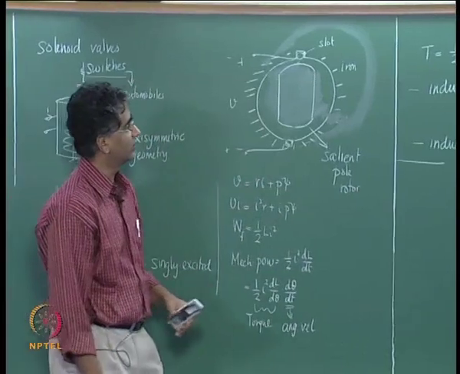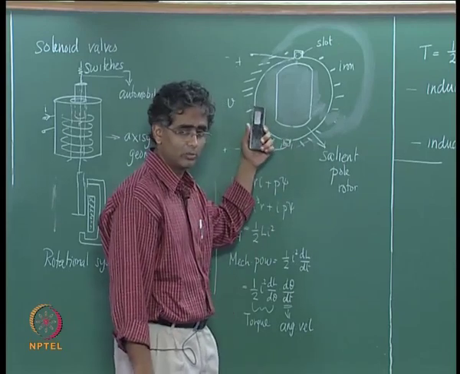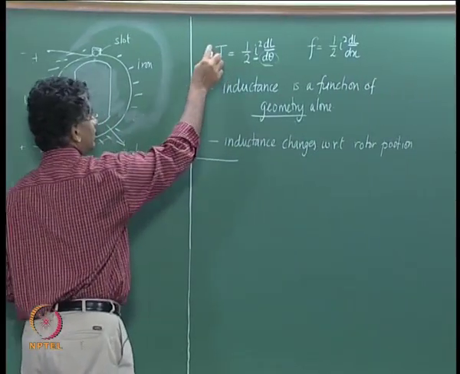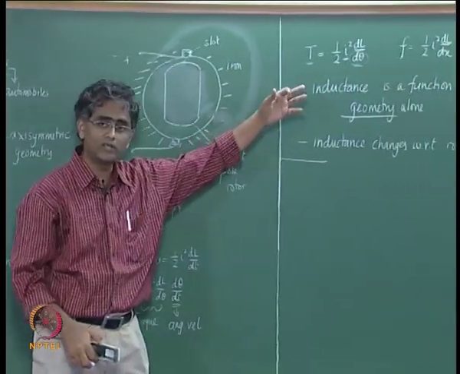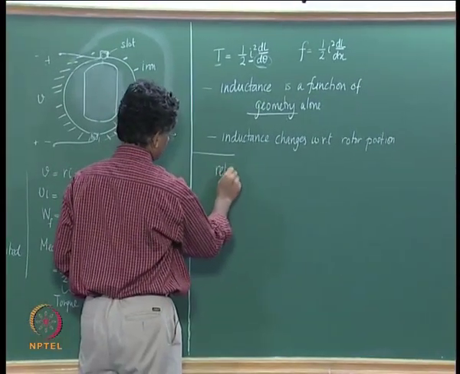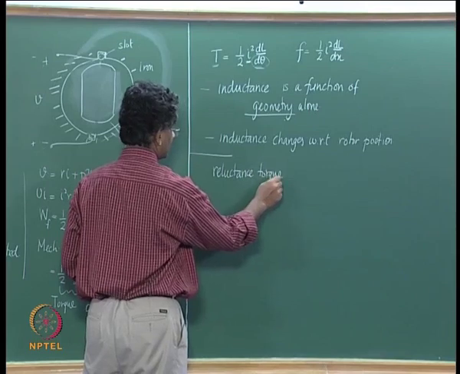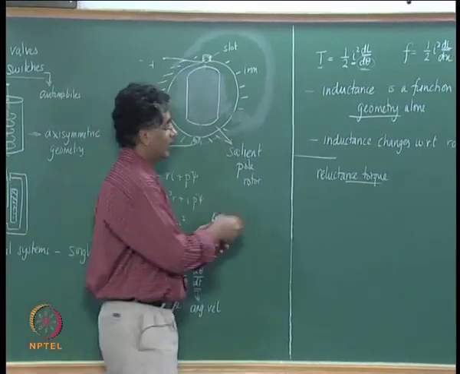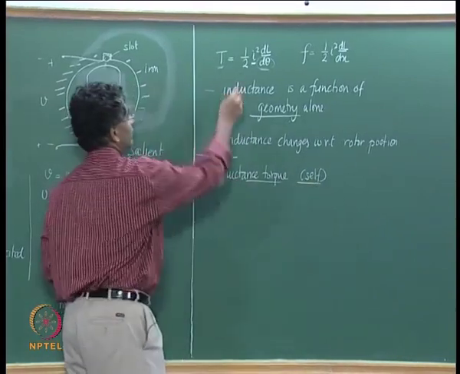So, in the salient pole rotor, inductance will depend upon where the rotor is, the angular position of the rotor, and the generated electromagnetic torque, which depends purely on the variation of inductance, is then called a reluctance torque. Reluctance torque exists in systems where inductance, in the sense self inductance, changes with the angle of the rotor.